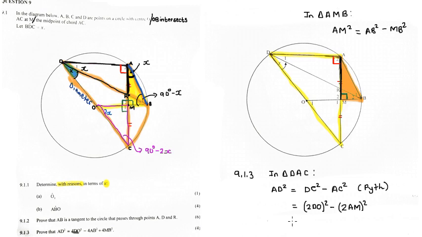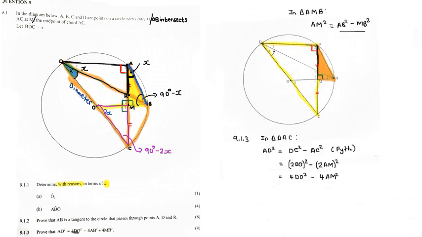If we do that, simplifying over here, we're going to have 4DO squared, then minus, and let's just simplify this first. It's going to be 4AM squared, and we know what AM squared is. It's this. So we can do that substitution.